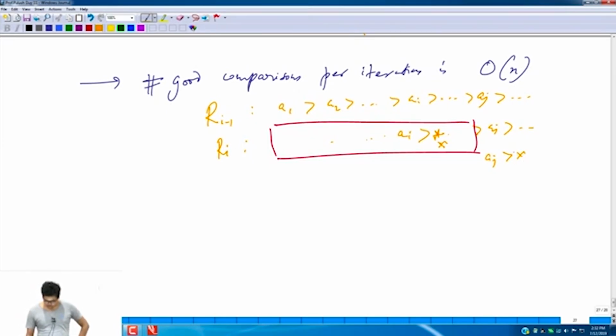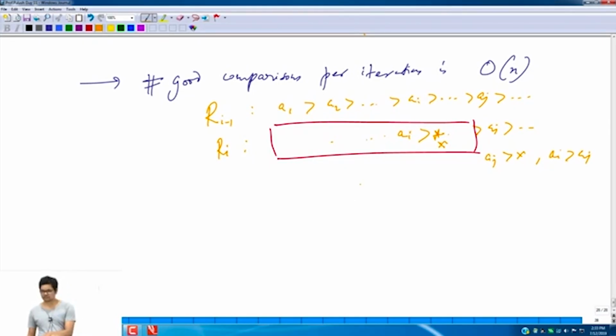And we already know AI is greater than AJ because it is a good comparison: AI and AJ are ordered in the same way in Ri minus 1 and Ri. So, two crucial observations. AJ is greater than x because AJ gets compared to AI. If AJ were less than x, then we already know AJ is also less than AI, and this comparison wouldn't have been made.